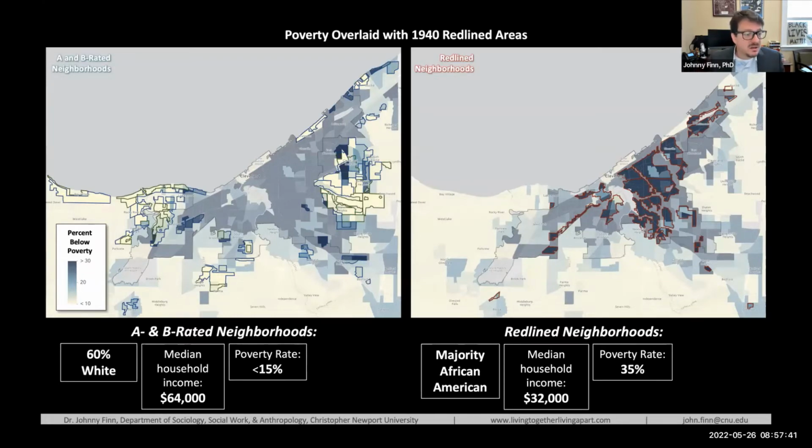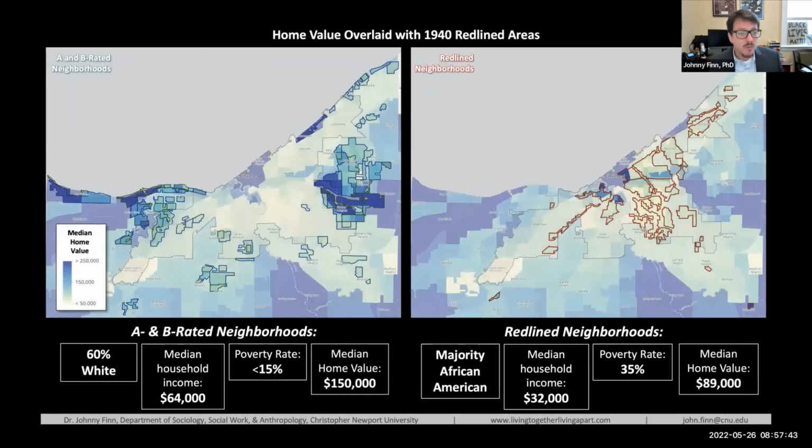And what we can see is that the driver of wealth is home values. Home values are significantly higher in neighborhoods that escaped redlining compared to neighborhoods that were redlined, and home ownership is the driver of middle class wealth in the U.S. Then we have this situation in the U.S. where we fund our schools based on property taxes and we populate our schools based on neighborhood.